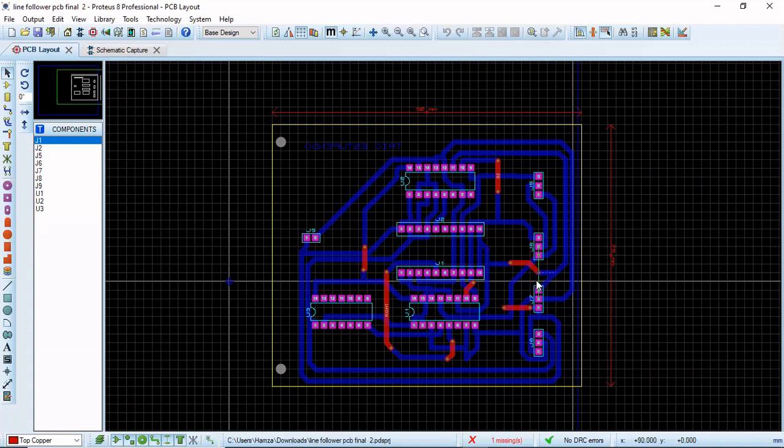In this layout, we are using 7 jumpers: 1, 2, 3, 4, 5, 6, and 7. A simple circuit is one in which we use a minimum of jumper wires, because jumper wires become a problem when we are soldering. So that's why we have used as few jumper wires as possible.